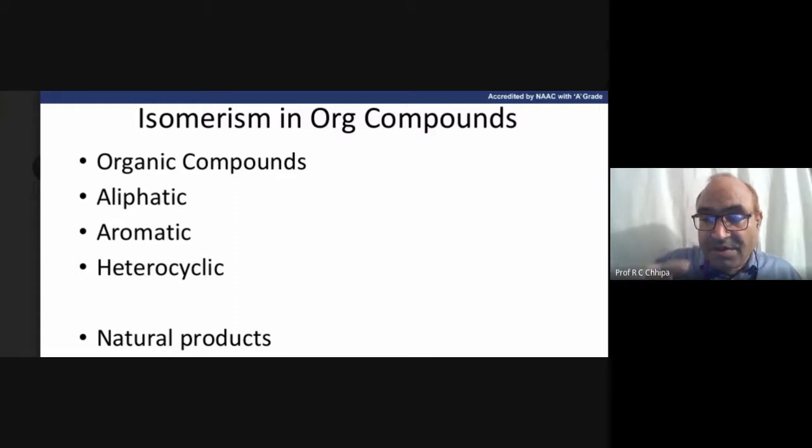If we have a carbon-carbon cyclic compound, for example a six-carbon cyclic compound, 1, 2, 3, 4, 5, 6 carbons, that is cyclohexane. Then we have cyclohexatriene, that is the benzene.